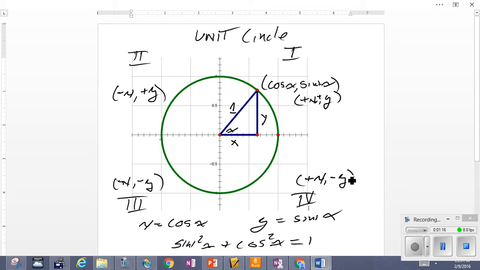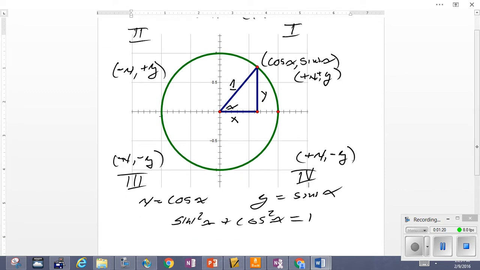Now, one further thing, if we will, is the tangent. We didn't talk about that previously, but the tangent of angle theta is going to equal the opposite over the adjacent, as you know from SOHCAHTOA.